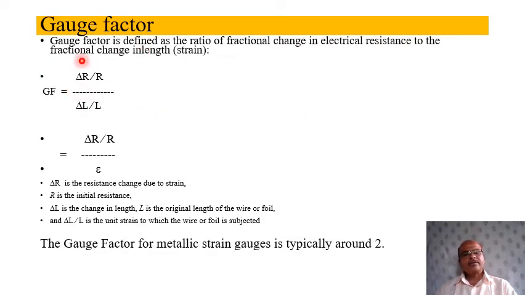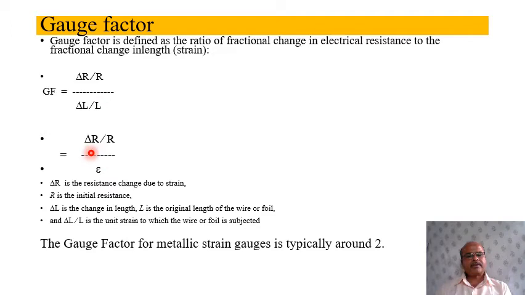Now, for the strain gauge, we will define what the gauge factor is. Gauge factor is defined as the ratio of fractional change in electrical resistance to the fractional change in length, that is, del R by R divided by del L by L. We can write del L by L, which is the strain, denoted by epsilon.